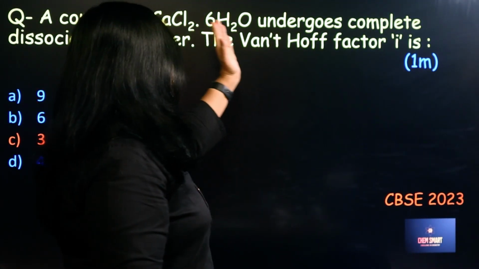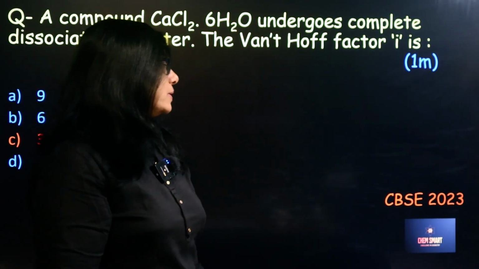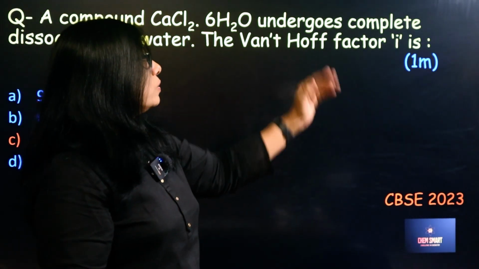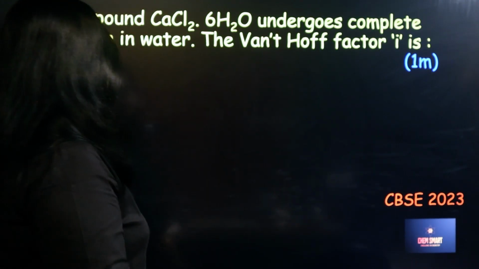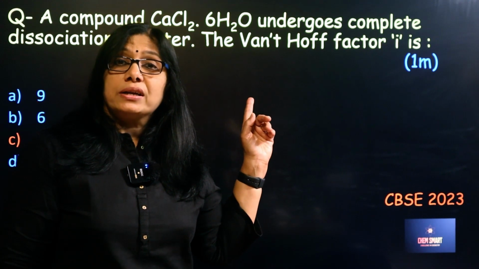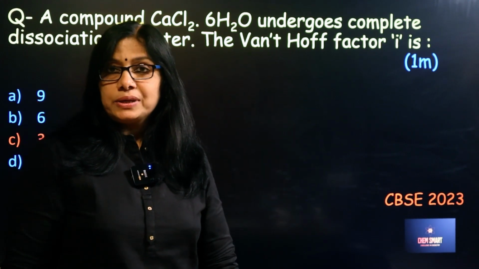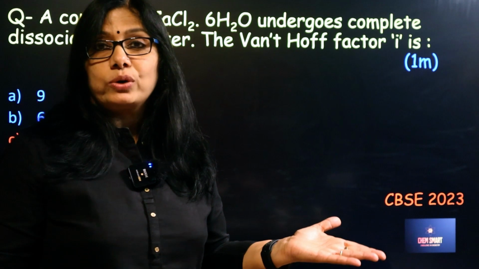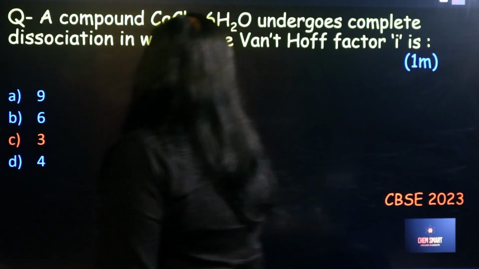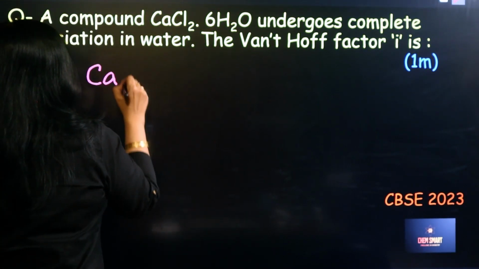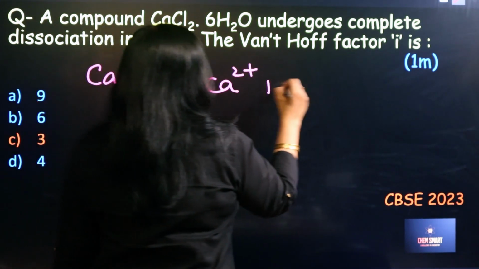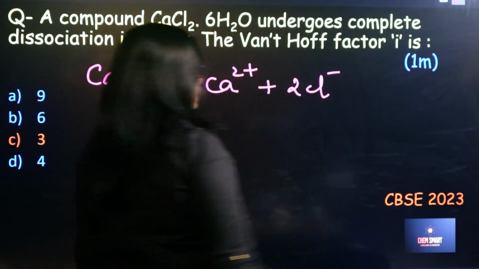A compound calcium chloride 6 water, that is calcium chloride hexahydrate, undergoes complete dissociation in water. Van't Hoff factor i is? You know, calcium chloride is an electrolyte. It will dissociate when dissolved in water. So, how will you apply? Calcium chloride will dissociate to form Ca2+ and 2Cl minus.